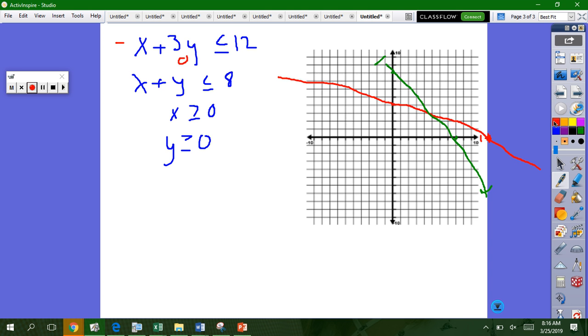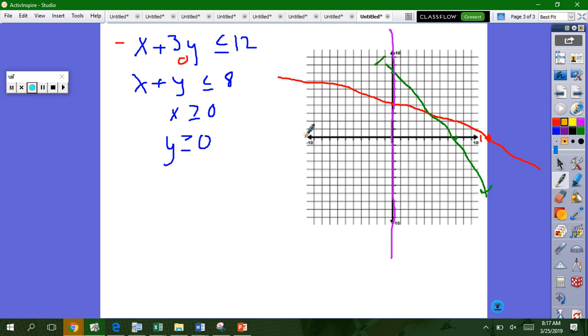Now, the next thing I have is x has to be greater than 0. So notice here's x equals 0, this line right here, this purple line. Because that's x is 0, right? And then, let's not do that color.